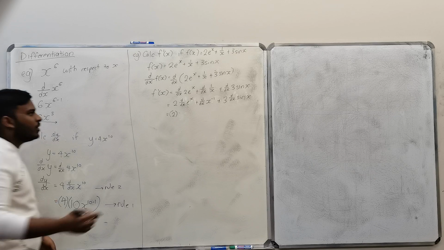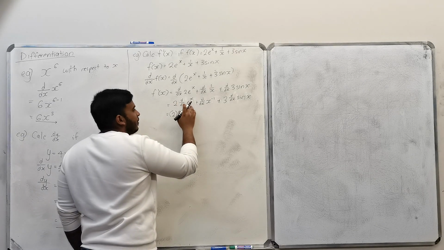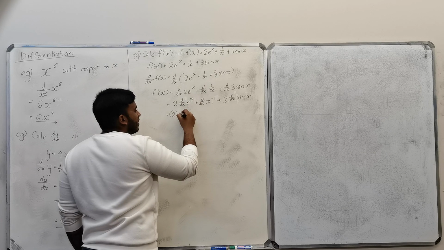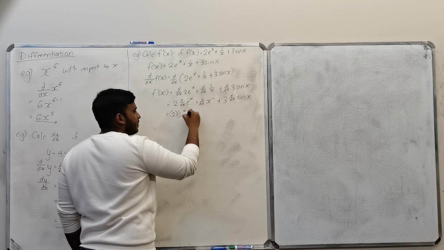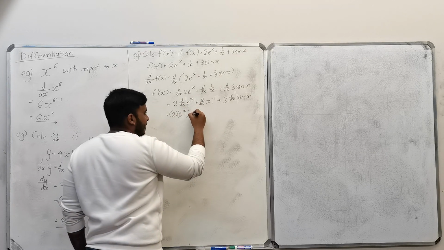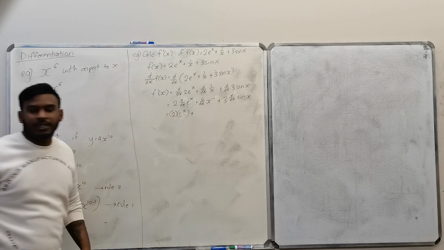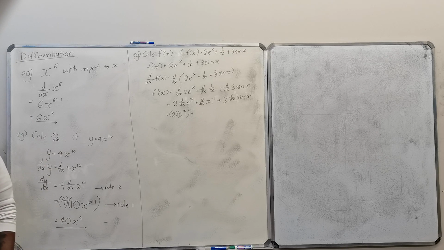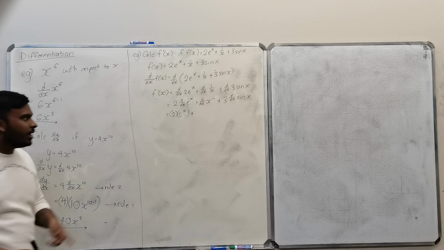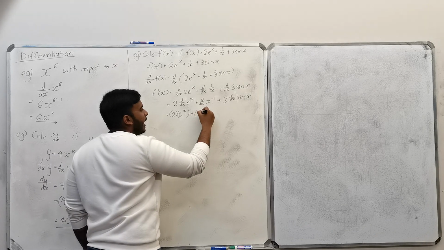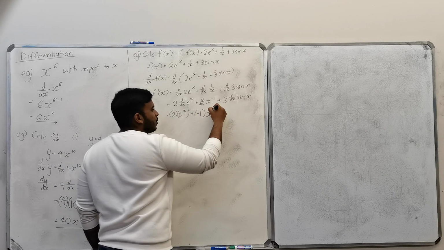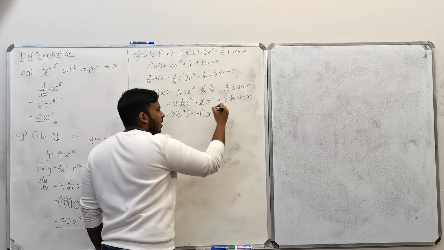So the derivative of e to the power x is e to the power x, plus d over dx of x to the power minus 1. Which rule does it look like? Rule number 1. Can we all see that? d over dx x to the power n, your n is minus 1. So this now becomes minus 1 times x to the power minus 1 minus 1, which is minus 2.